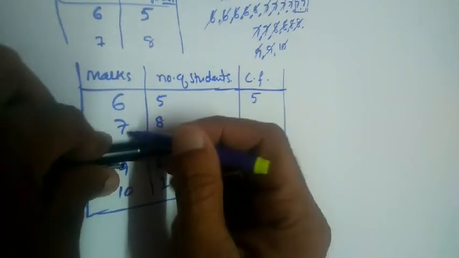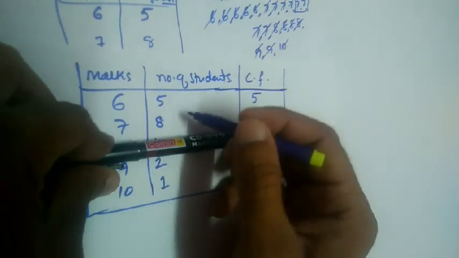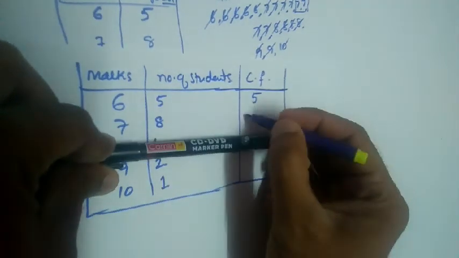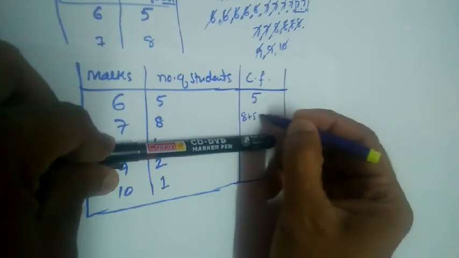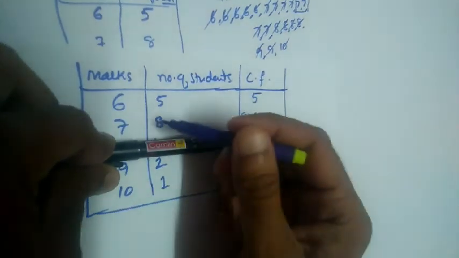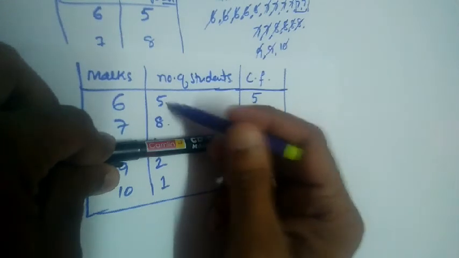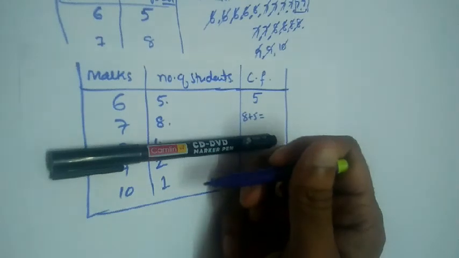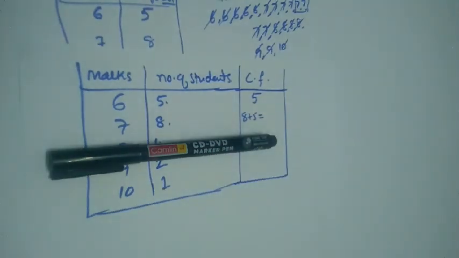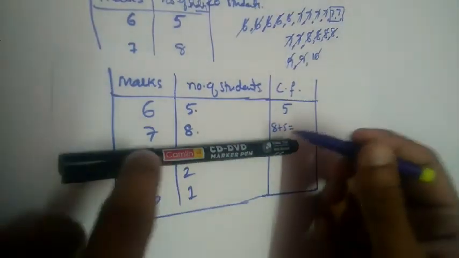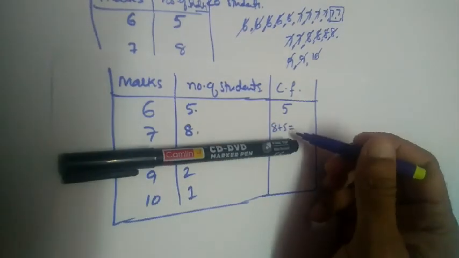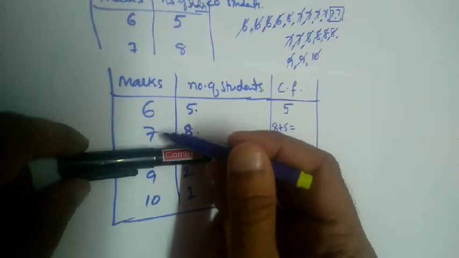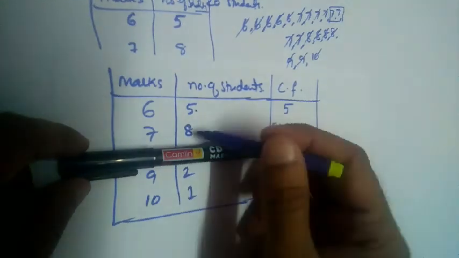And up to 7 marks were obtained by how many students? 8 plus 5. See here, up to 7 marks were obtained by 8 plus 5 students.